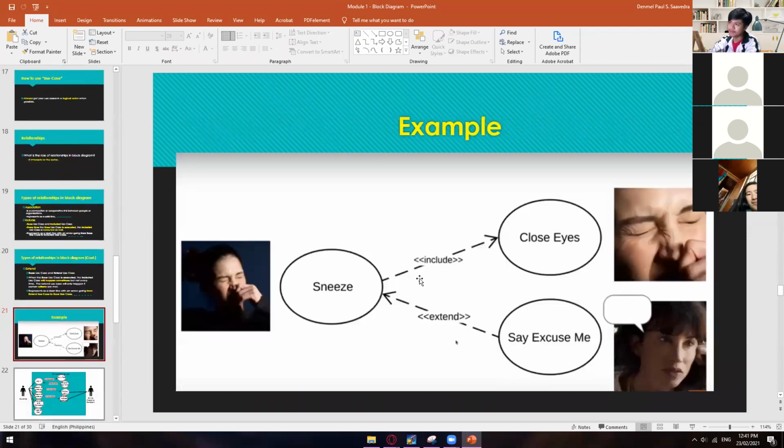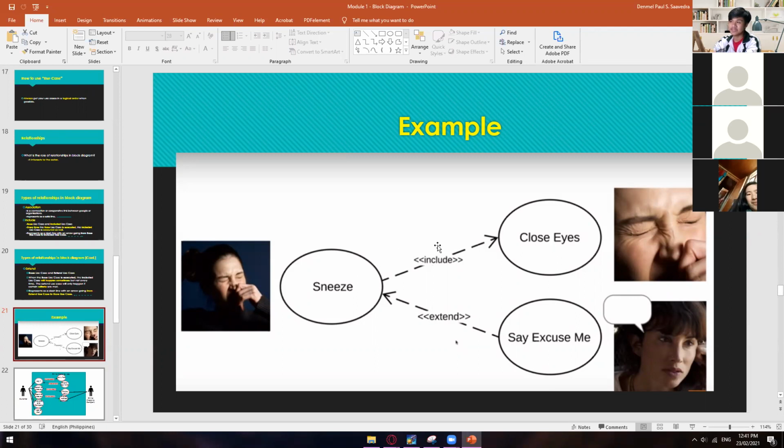So this is a perfect example of using an include use case and then extend use case. So you guys can see once you sneeze, okay, include, this one is mandatory. You always, or we always close our eyes. Is there such a person who sneezes and then doesn't close his eyes?